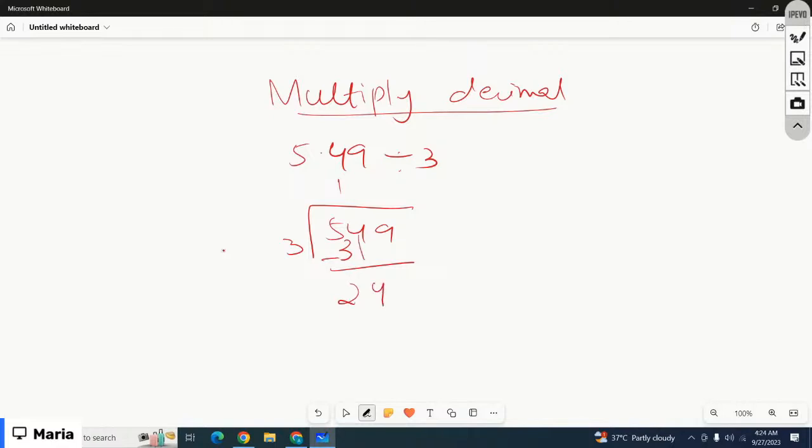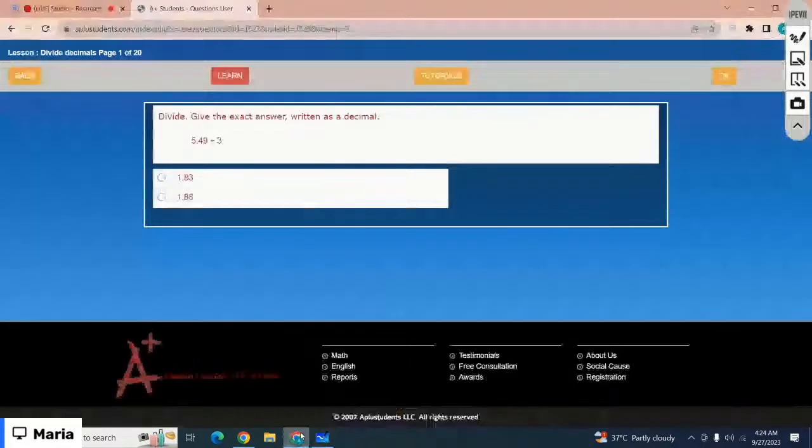Bring the next down. 3 times 8 is 24. You have to bring the 9 down. And then 3 times 3 is 9. So when you divide it is 183. You have the decimal point right after one digit, so you have to put a decimal point over here. That would be 1.83, right? Option number 1 is the correct option, right?